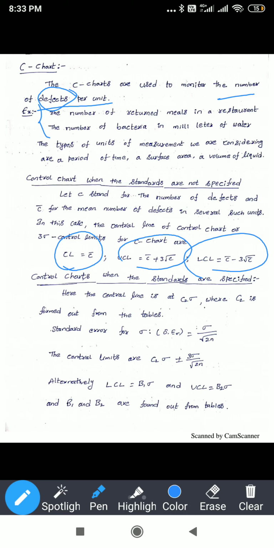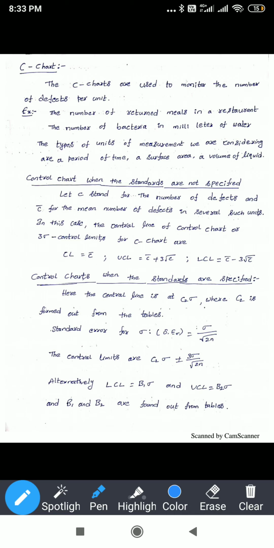Next, control charts when the standards are specified. See here, the central line is at C2 sigma, where C2 is found from the statistical tables.